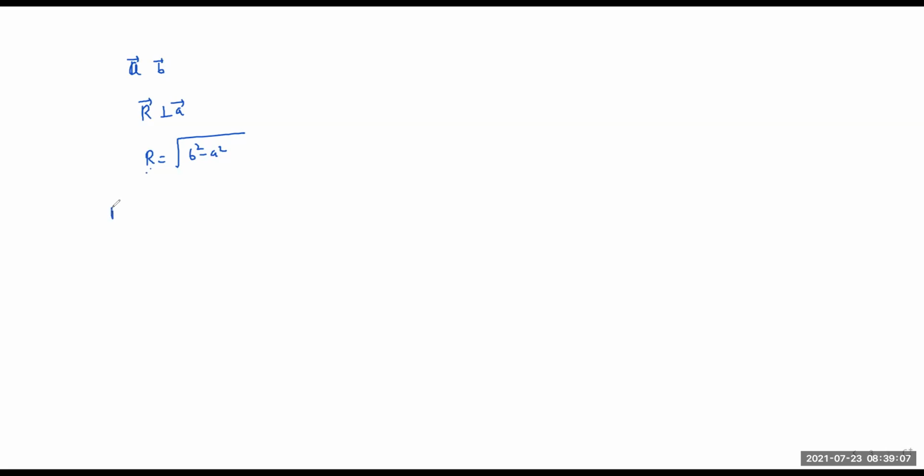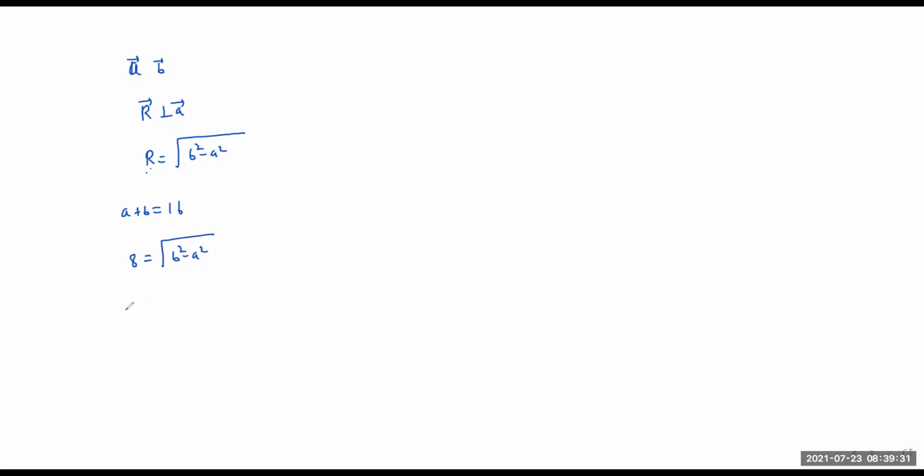Magnitude. So A plus B is 16. And what is the resultant given? The magnitude of the resultant is 8 Newton. So 8 is equal to the square root of B square minus A square.